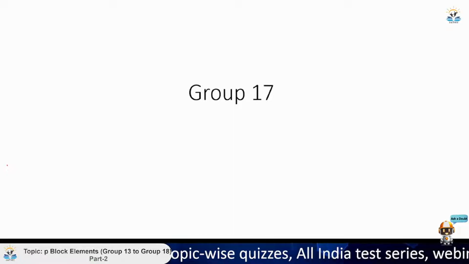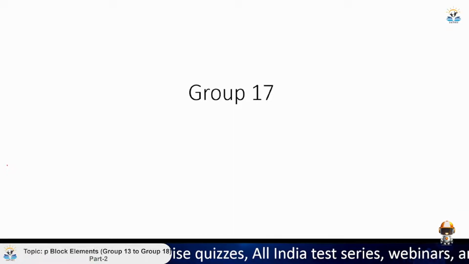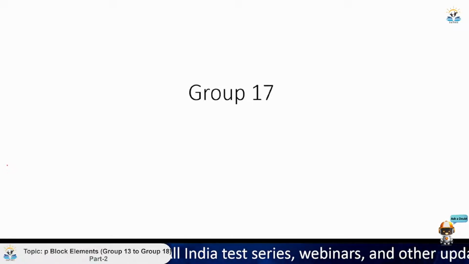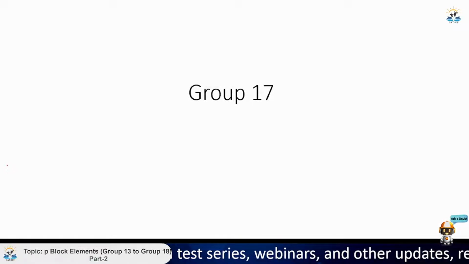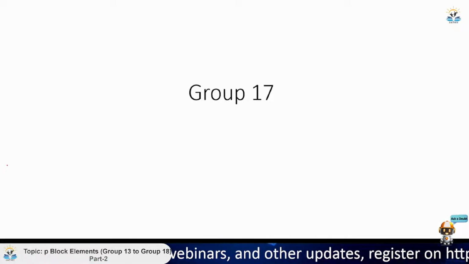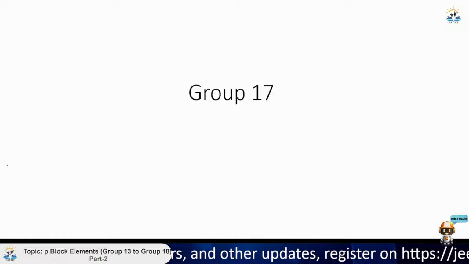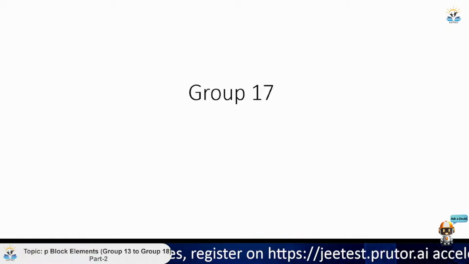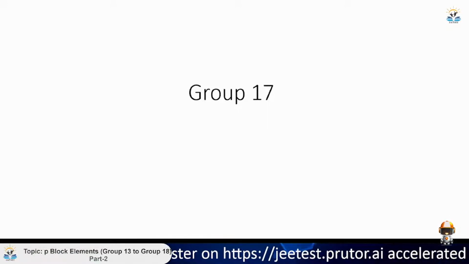The biggest parts of NCERT are groups 15 and 16, obviously, and comparatively, groups 17 and 18 are smaller. So that should not take much time to complete the topic. However, I have tried to add as much as I can. Let's get started with group 17.